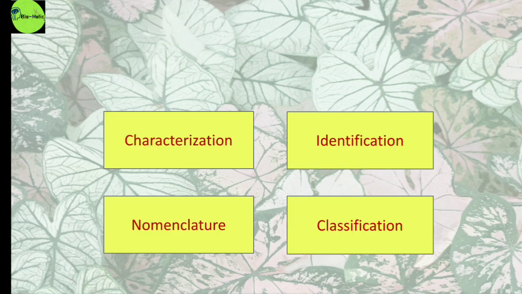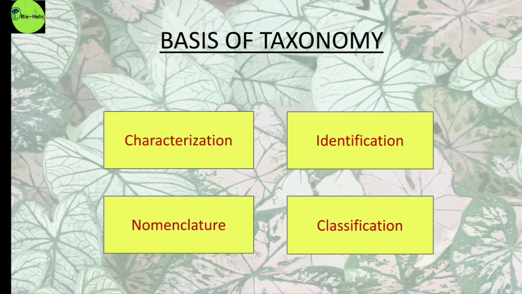Now, what are the bases of taxonomy? The first one is characterization. Here we need to note down all the characters present in an individual. The second one is identification. Here we need to identify and observe the individual on the basis of those characteristics. The third one is classification.